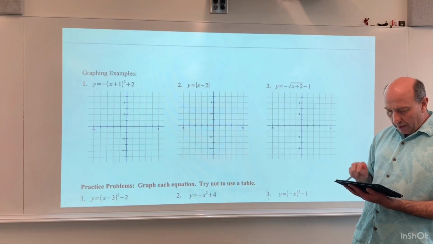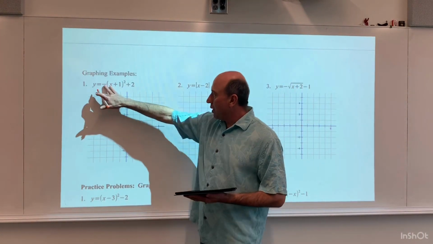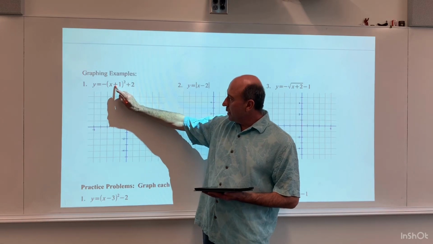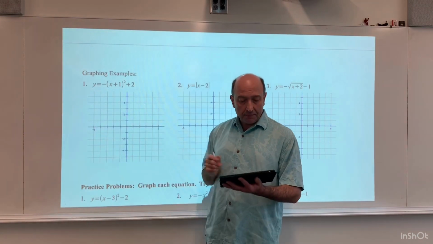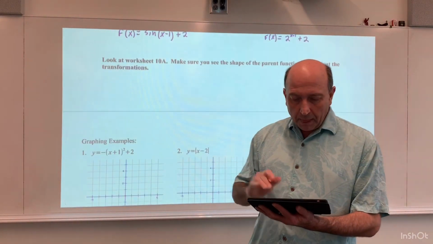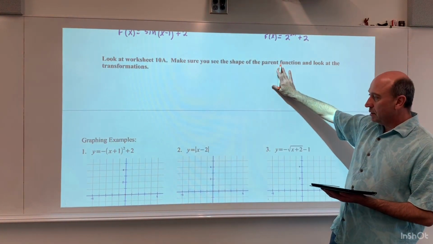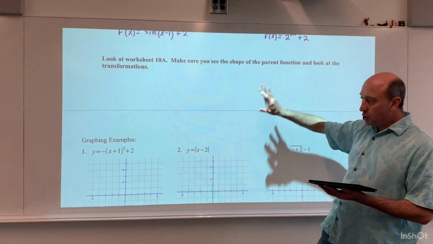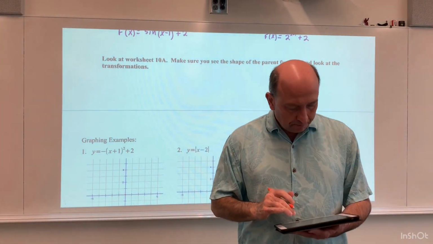Okay, so graphing examples. Like this problem. Now, this has been moved to the left 1, up 2 and flipped upside down. If you know the shape of the parent function, we should be able to graph this now without a table.